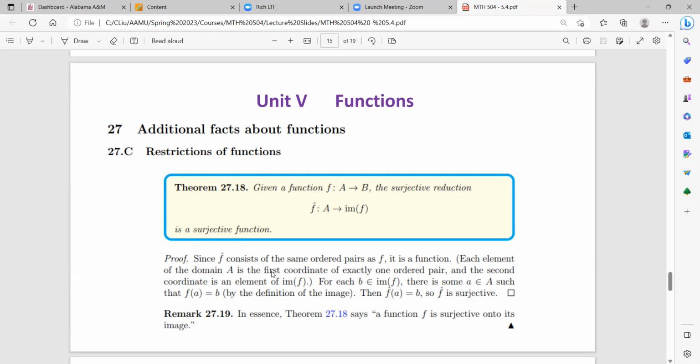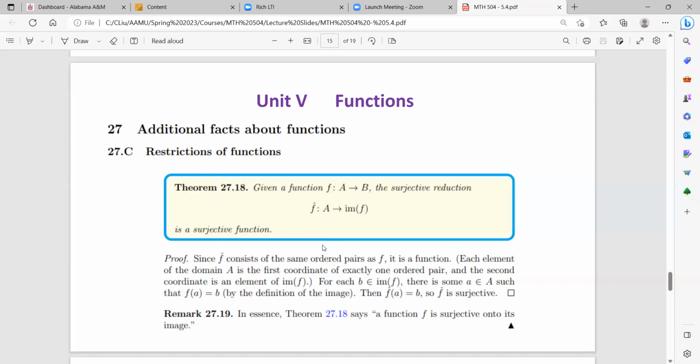We can easily prove it. Consider the function as all the pairs. First, it's a function because it includes part of all the pairs from f, so that makes it a function.